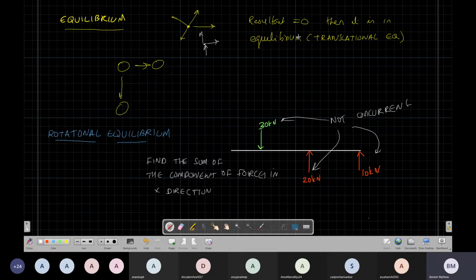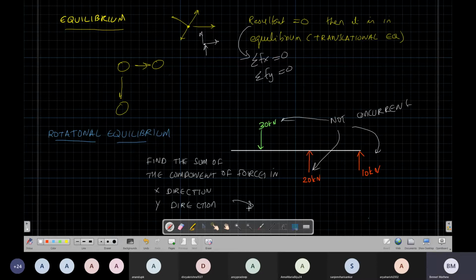Again the resultant is equal to 0 means the x component of all the forces is 0 and the y component of all the forces is 0. Find the sum of the components of forces in the x direction and y direction.